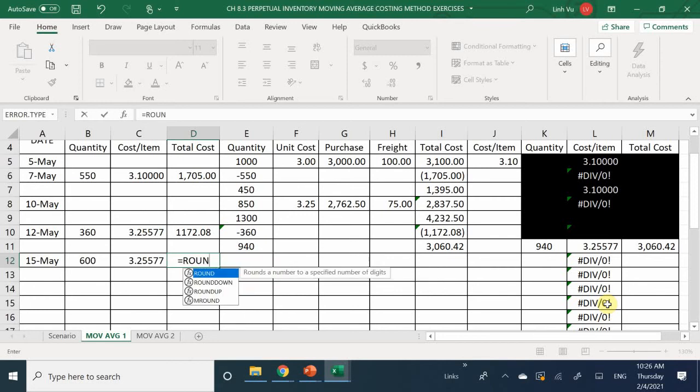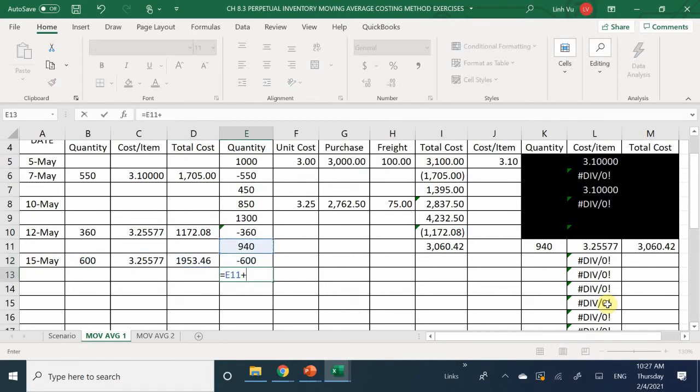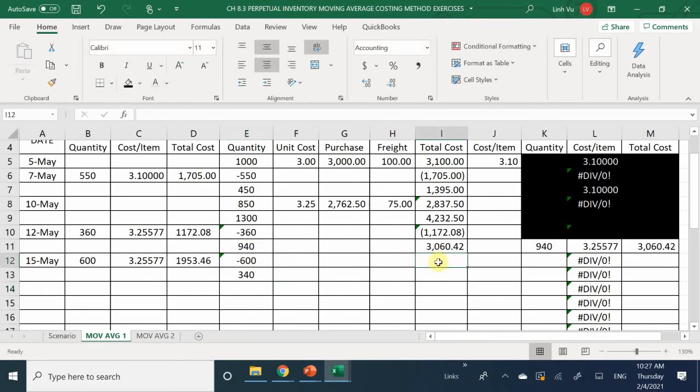So what is my total cost per item going to be here? 3.25577. Total cost 1953.6. Good. All right. And of course, I'm going to eliminate it here. So I should have now 340 left in my inventory. Same thing here.